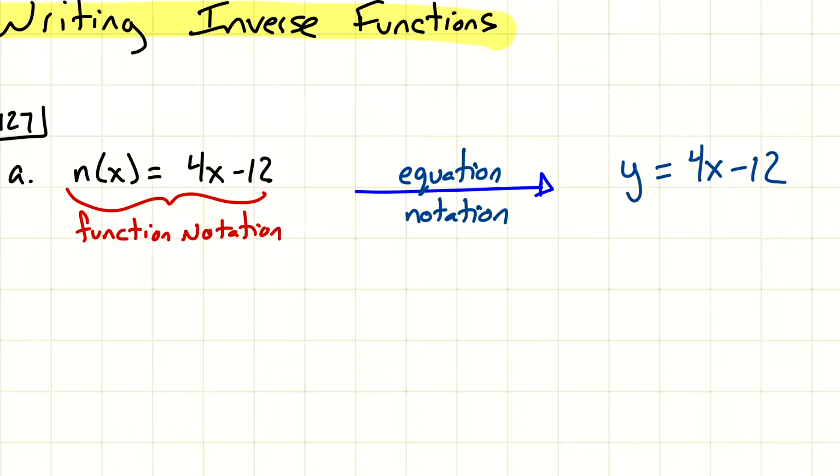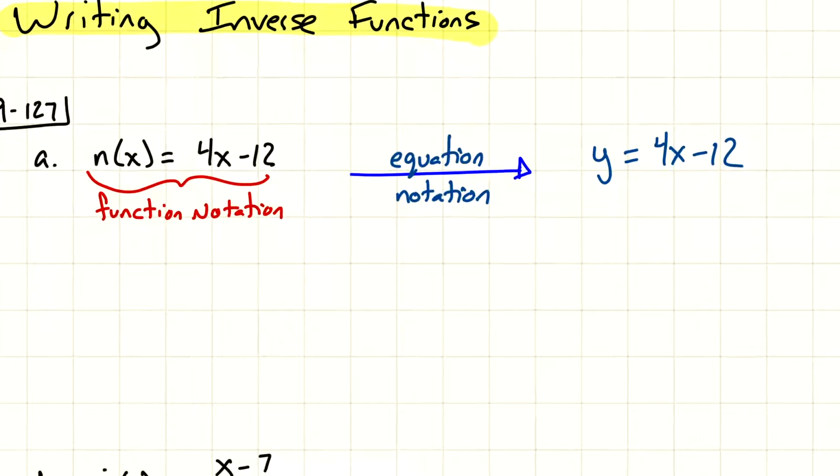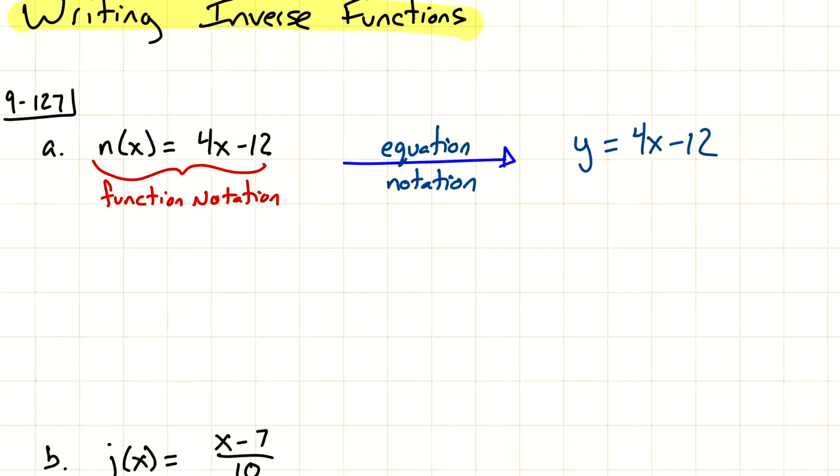Input became output, output became input. So in this equation, what letter represents the input and what letter represents the output? Since x and y represent input and output, what happens if we just swap those in the equation?